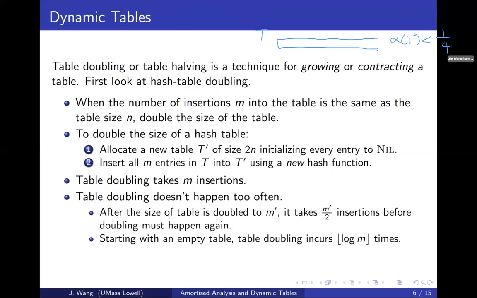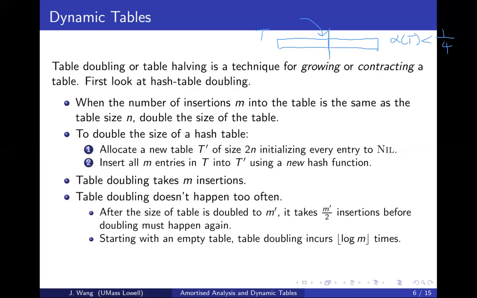Because you don't want to say if it's 1/2 and then you cut the table size, you shrink the table size by 1/2 of the original size, then maybe after that, the insertion will expand this table again almost immediately, right? Or a few insertions after. So you don't want that to happen.